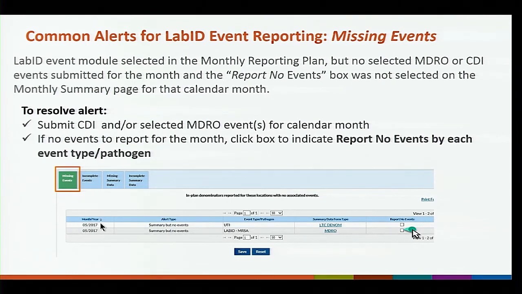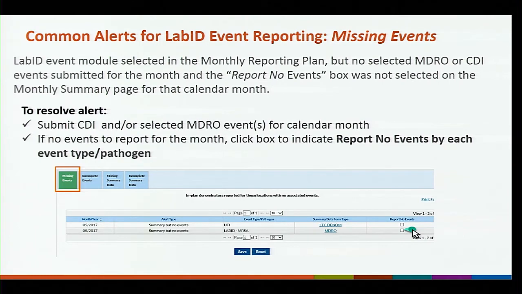So for 5/2017, for our LabID event MRSA, I can look back on my documentation, and if I know that we conducted surveillance and we did not identify any MRSAs for that month, all I have to do is just put a check mark here to Report No Events, and then save, and that resolves that alert.